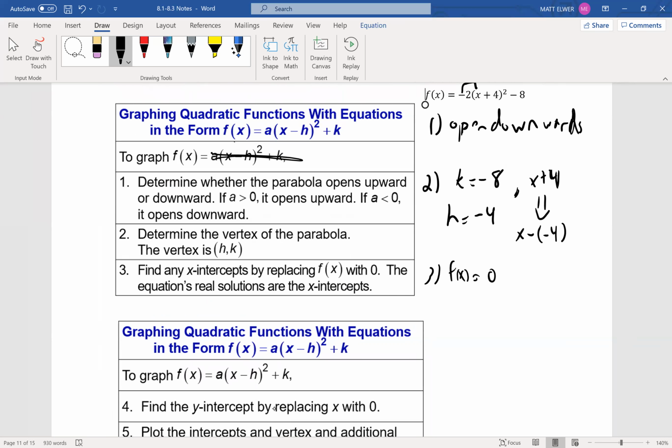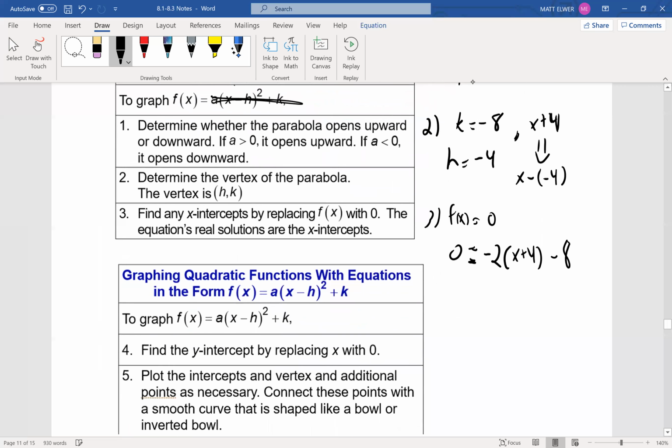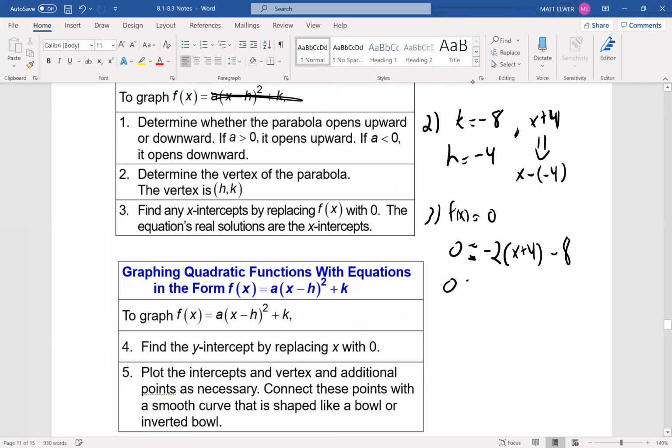So that means that this equation that we started with, we have 0 for f of x is equal to -2 times (x plus 4) minus 8. And then notice what I can do is divide everything by -2. If I divide both sides by -2, we get 0 is equal to (x plus 4) plus 4.